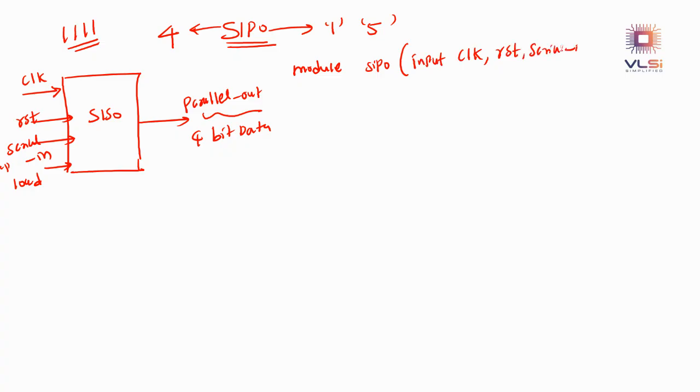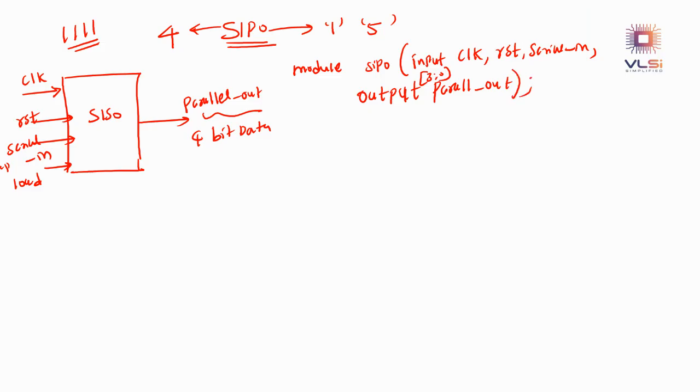Output parallel out. Parallel out is the output, and here you need to use 3 down to 0. Why? Because we are getting parallel out as 4 bits, no? So that's why 3 down to 0.